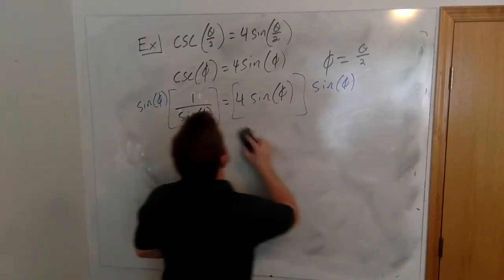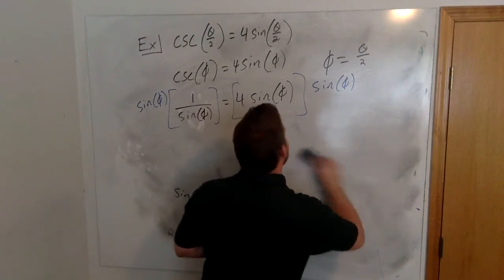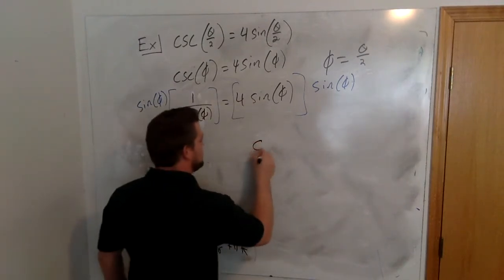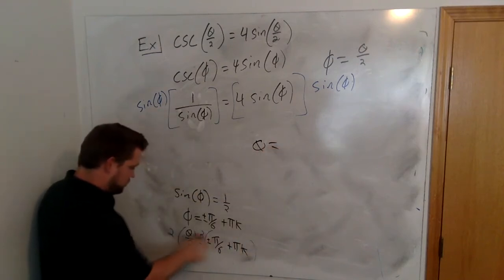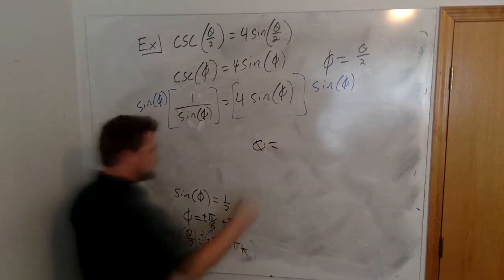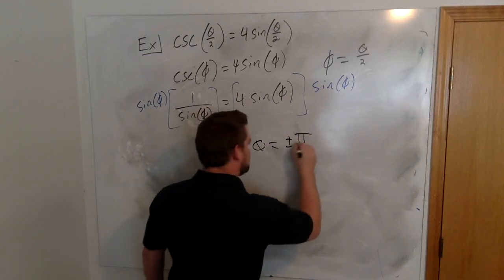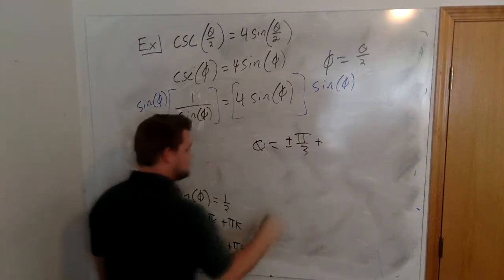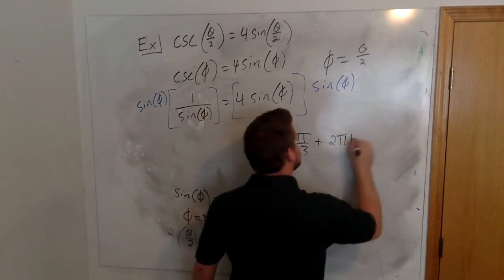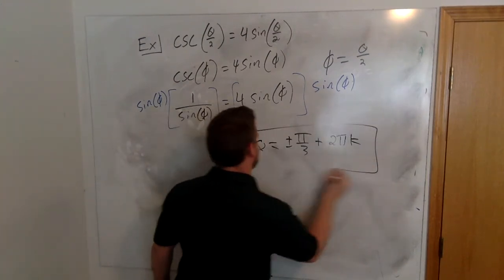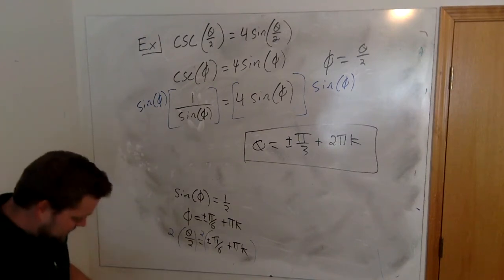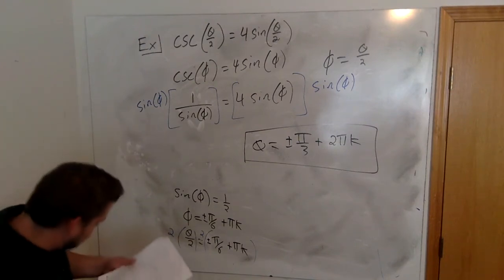Notice we didn't have a situation where sine of phi was 0, so I'll erase that. Okay, so our solution is going to be that theta could be equal to, if I do 2 times pi over 6, that'll be plus or minus pi over 3, and we'll get plus 2 pi k. So here is the solution set. Okay, let's do one more problem.